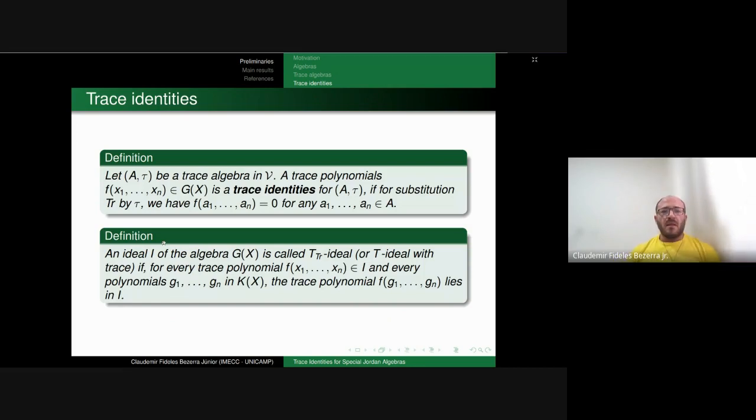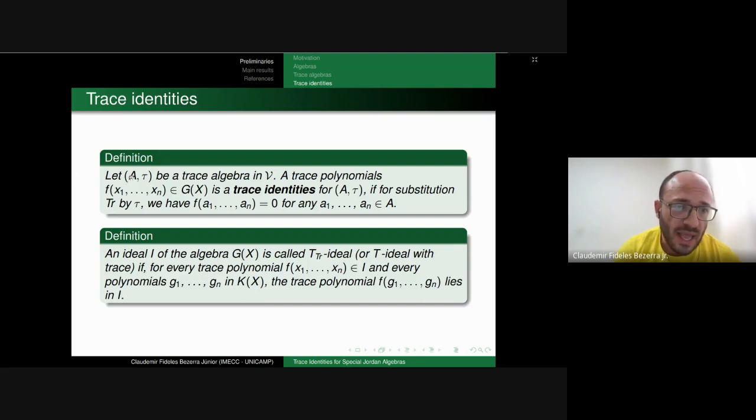As it is usual to define identities in some variety, in my case I need this notion of identity on trace algebras.